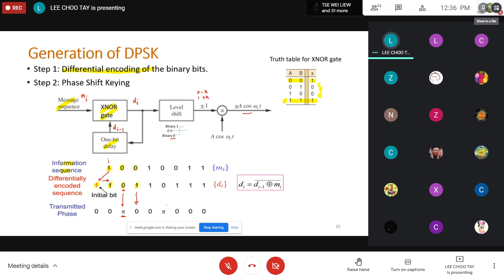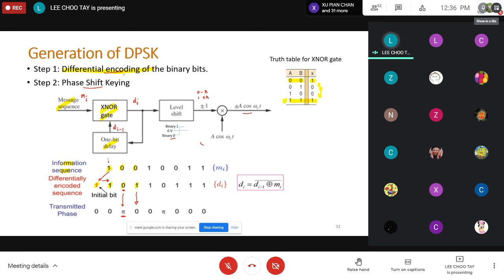Okay. So this is how we generate a DPSK signal. This part here is the same as PSK. And the part before it is where we perform differential encoding. Step 1 is the differential coding. Step 2 is your PSK.